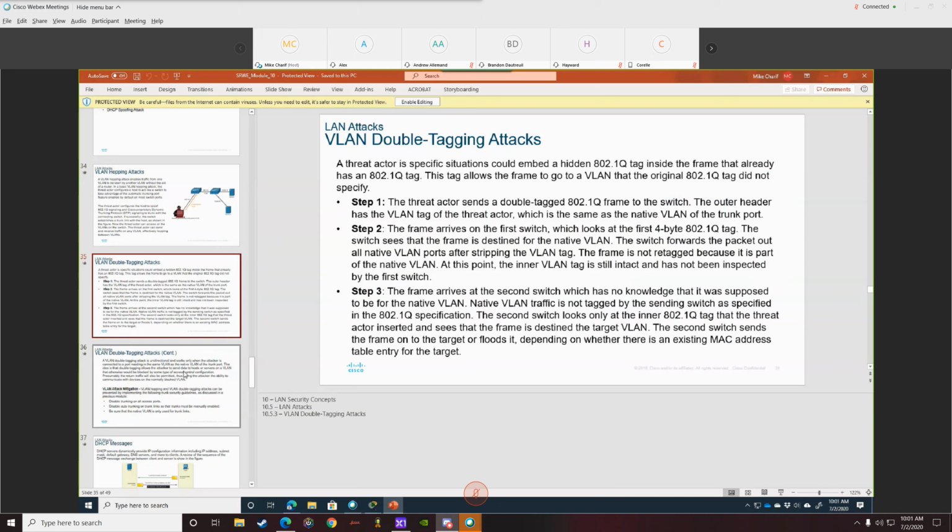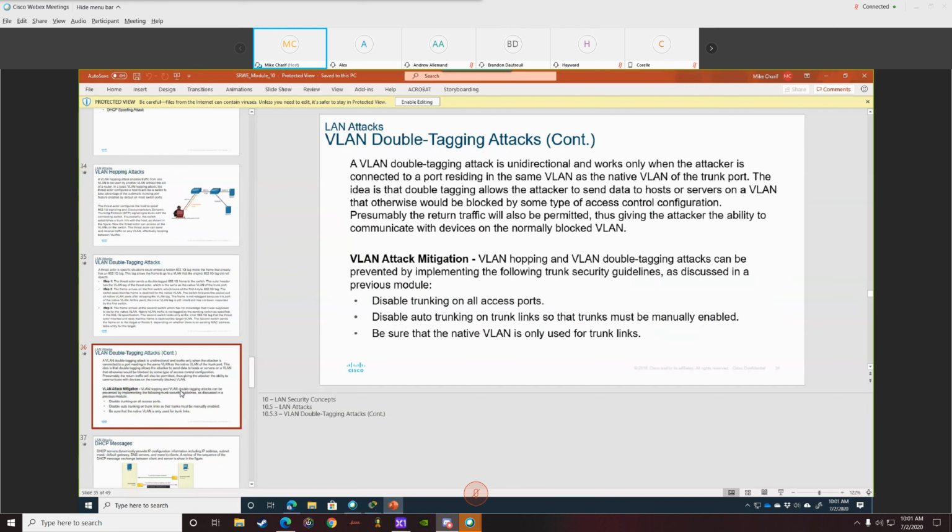How do you prevent this? This is how I tell you to do it. Disable trunking on all access ports. To make a port a trunk, you say switchport mode access, then switchport mode trunk.